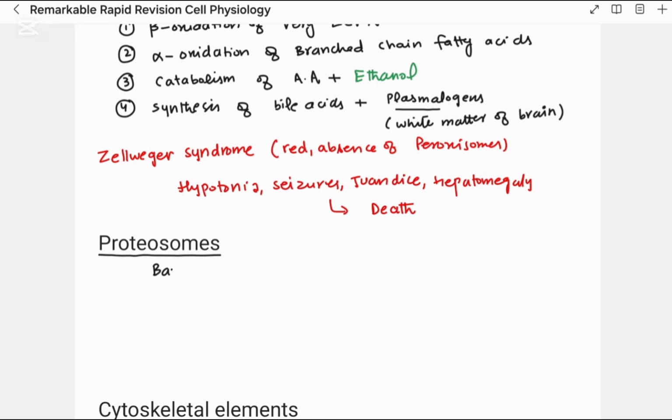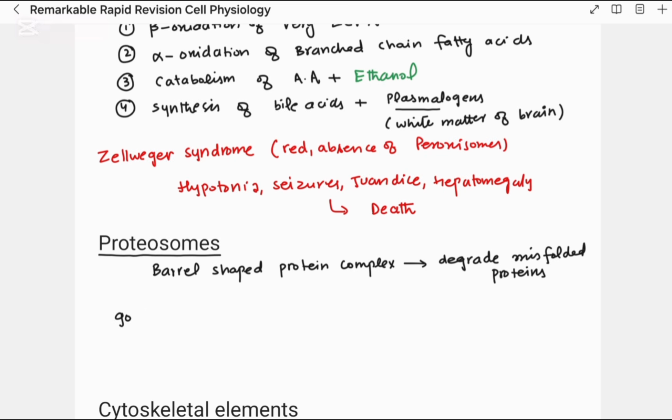It is basically a barrel shaped protein complex जो कि डिग्रेड करता है मिसफोल्डेड प्रोटीन्स को. सो बेसिकली ये जो सारी लेबलिंग प्रोसेसिंग ये हमने याद किया था कि इट्स अ फंक्शन ऑफ गोल्जी अपरेटस. सो अगर गोल्जी अपरेटस से एक प्रोटीन रिलीज हुई है विच इज़ मिसफोल्डेड तो उसको सेल क्या करता है, टैग कर देता है विद ubiquitin.